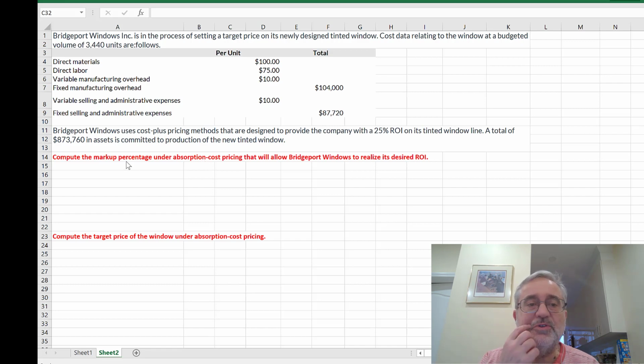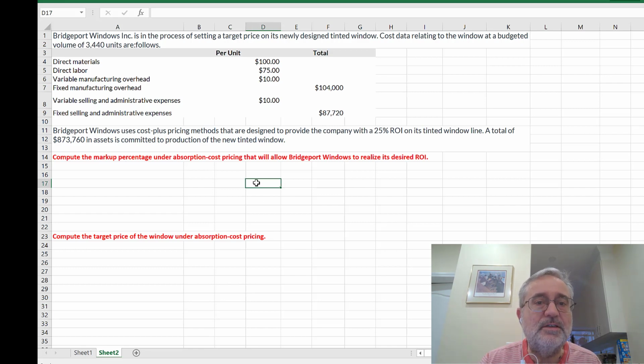The first thing that we want to do is to calculate the markup percentage. The markup percentage includes both a denominator and a numerator. Let's talk about the denominator first. We want to calculate our manufacturing cost per unit. This is going to be the denominator.